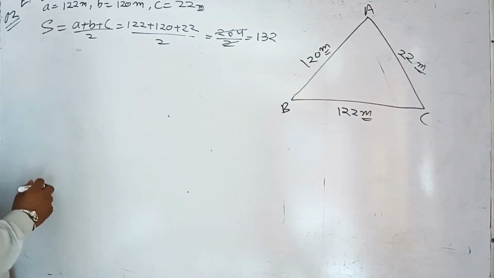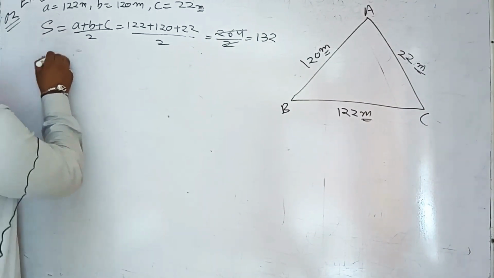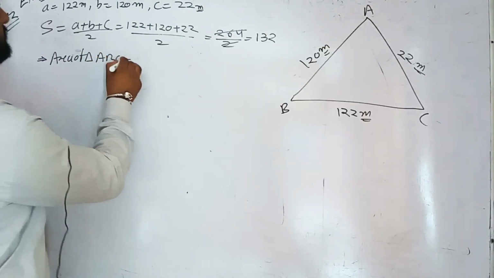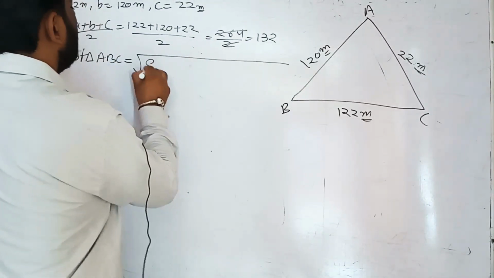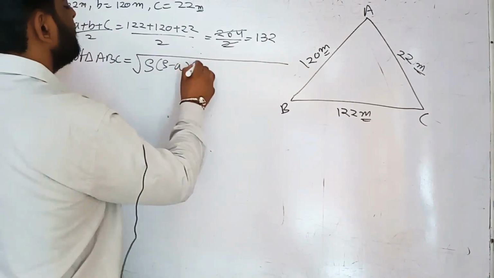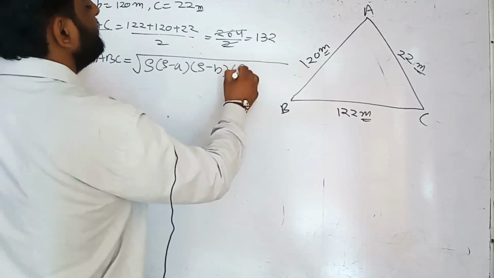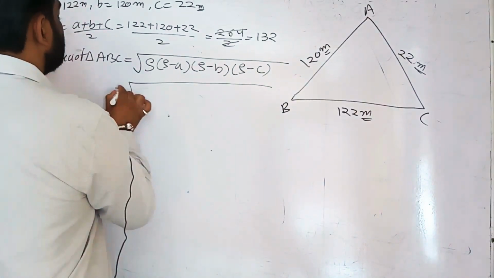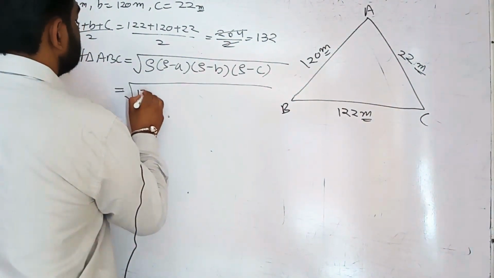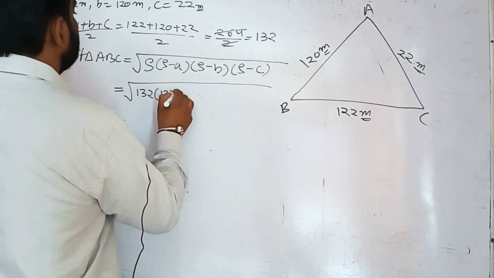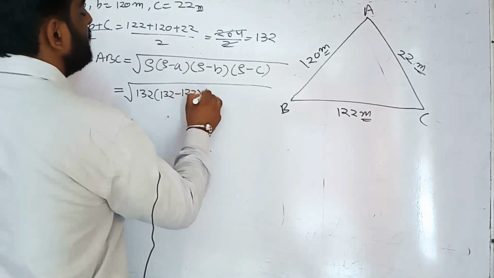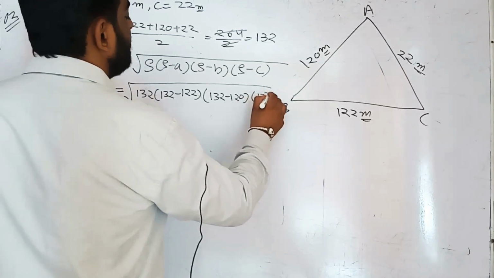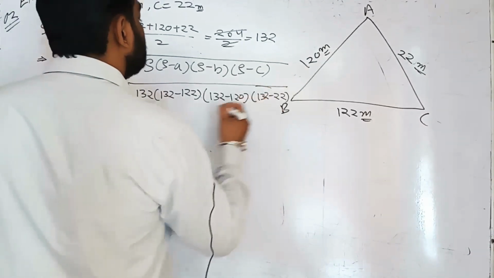So the area of triangle ABC equals under root S into S minus A, S minus B and S minus C. So we have to solve it: S is 132, so 132 minus 122, 132 minus 120 and 132 minus 22.